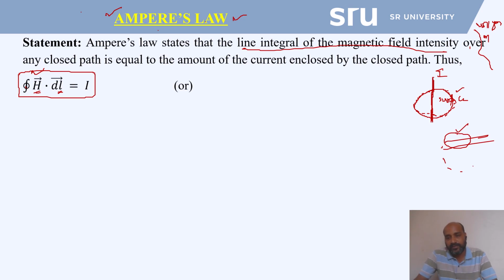Now we are just focusing on the path being a closed path, which means it is enclosing some surface. So overall, the statement of Ampere's law is that the total magnetic field intensity over a closed path is equal to the current enclosed by this path. So you can write the enclosed current.